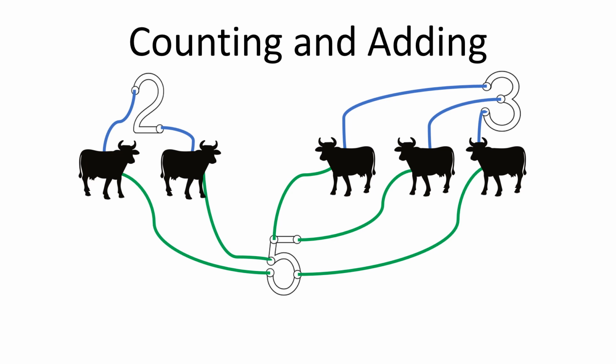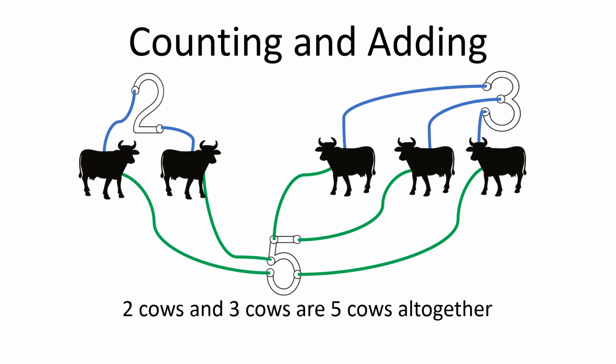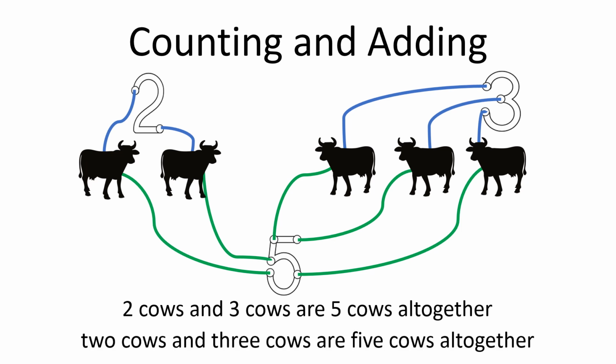And you can connect each podule on the digit 5 to one of the things it's counting. So 2 cows and 3 cows are 5 cows altogether. And there's the alternative in words. 2 cows and 3 cows are 5 cows altogether.